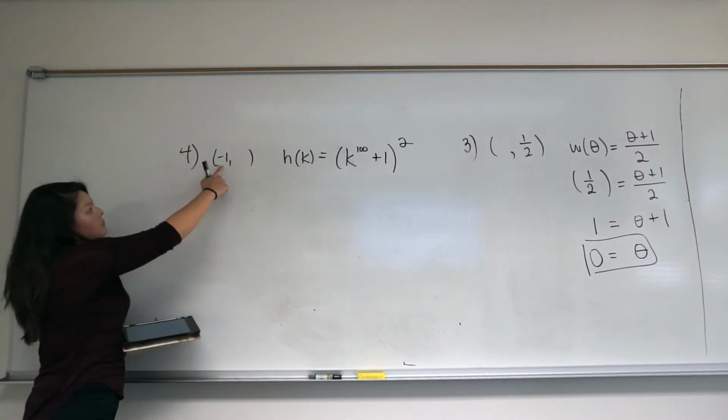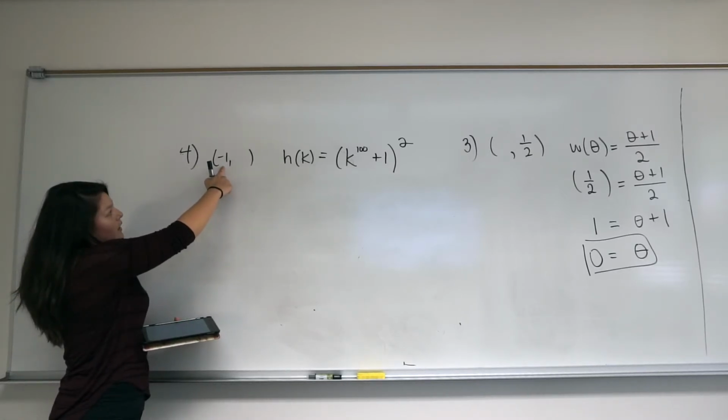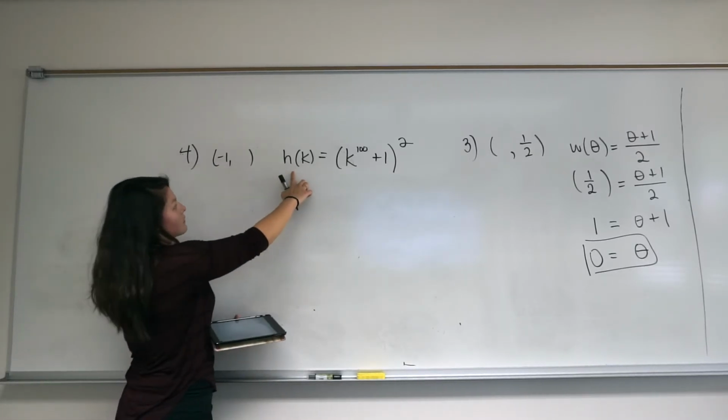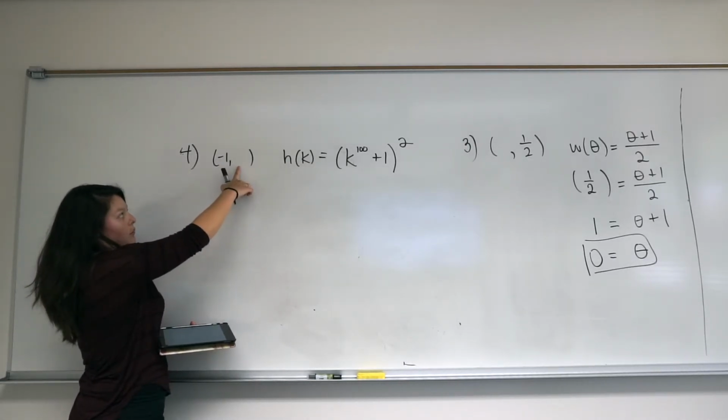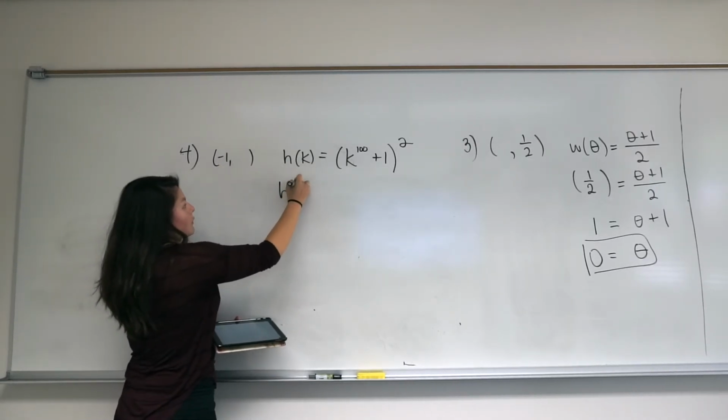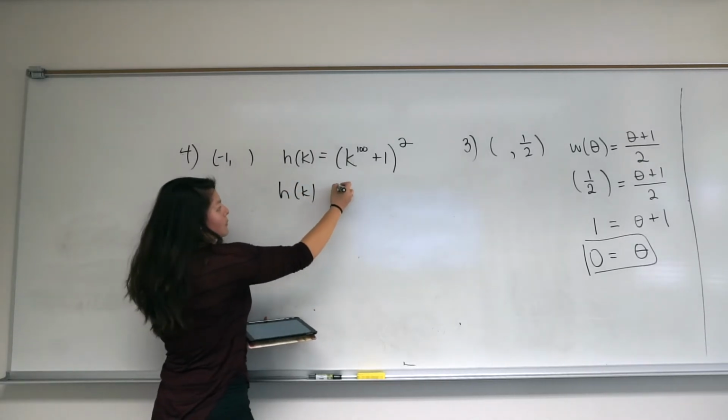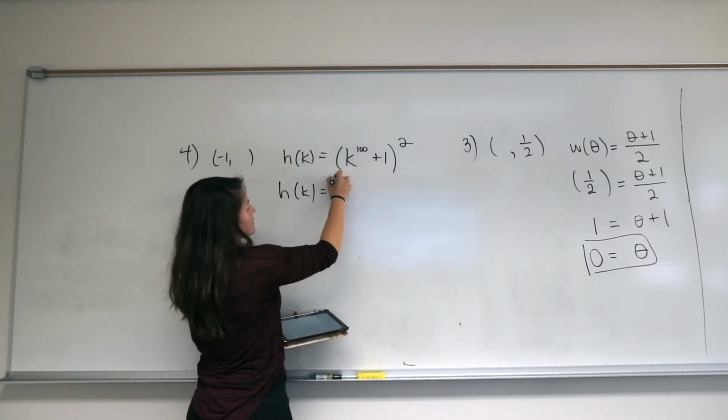And now we're given this input value of -1, so we're trying to evaluate this function at k equals -1 to determine the output. So wherever I see a k, I'll replace it with parentheses.